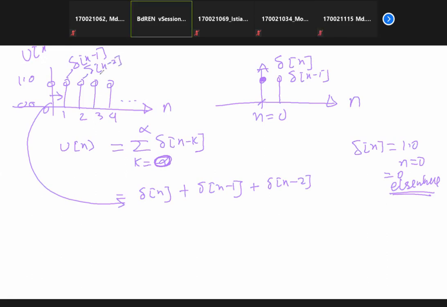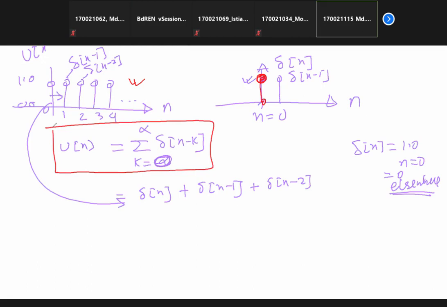So in this way, you can see that if we have a delta function in our discrete domain, then this delta function can be shifted and added together to generate that unit step. Then this would be the equation for the unit step. It is something like integration. Now extend this thing. Is it clear to you now?